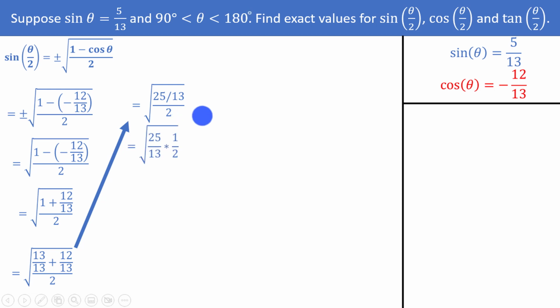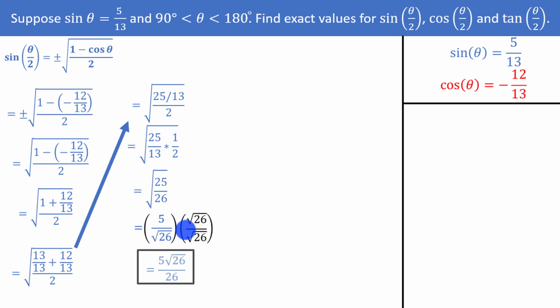We can reciprocate and multiply so that we have 25 over 13 times 1 over 2. 13 times 2 is 26, so we have the square root of 25 over 26. The square root of 25 is just 5, so we have 5 over the square root of 26. We can rationalize the denominator by multiplying by the square root of 26 over itself to get 5 times the square root of 26 over 26. Sine of theta over 2 is equal to 5 square root of 26 over 26.